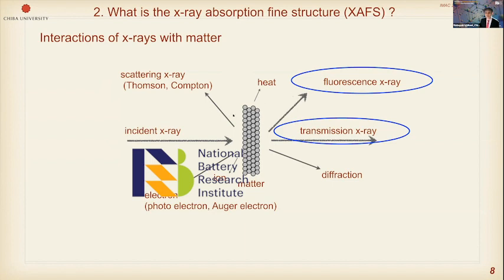cases, Thomson-Compton X-ray scattering is observed, and if the X-ray is strong, then photoelectrons and Auger electrons are emitted. And in some cases ions are ejected, and of course, heat. So many phenomena occur by injecting X-rays, but X-ray absorption fine structure, X-ray absorption spectroscopy, uses the incident X-ray intensity and transmission X-ray intensity as the important point.